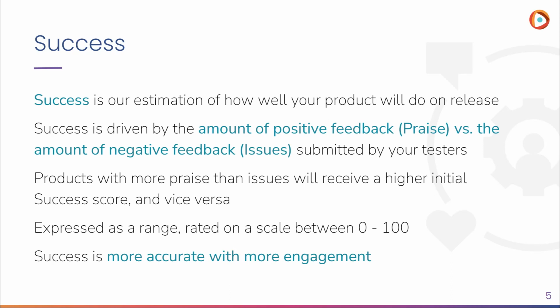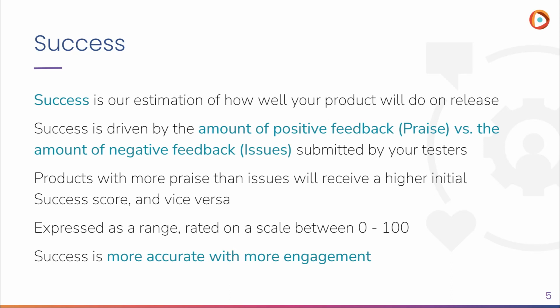And based on how much of it is positive versus how much of it is negative, how many issues are we running into versus how much praise, that is really going to define our success score. And again, this is our estimation of how well the product will do.